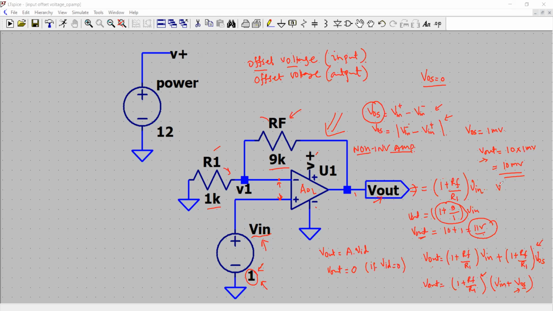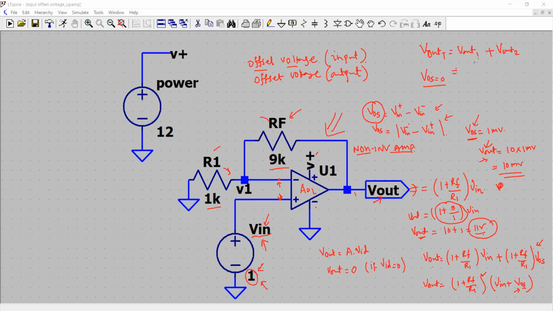So the total output, V out total, will be V out due to this V input, and V out, which let's call V out 1, plus V out 2. V out 2 is due to this term VOS.